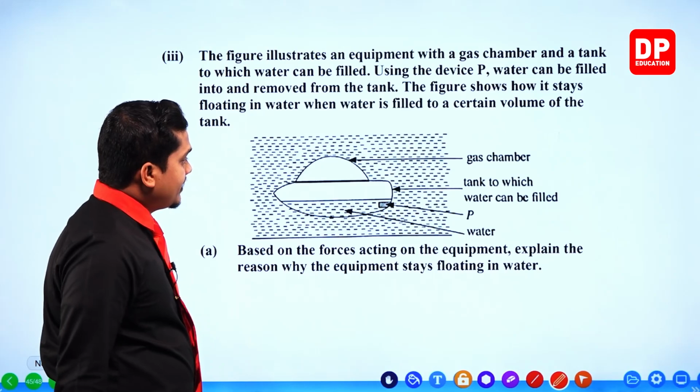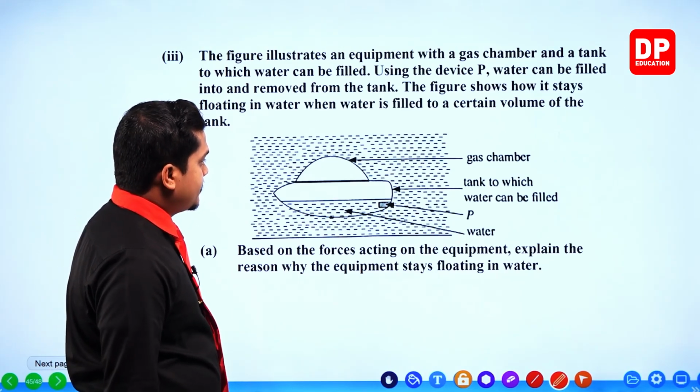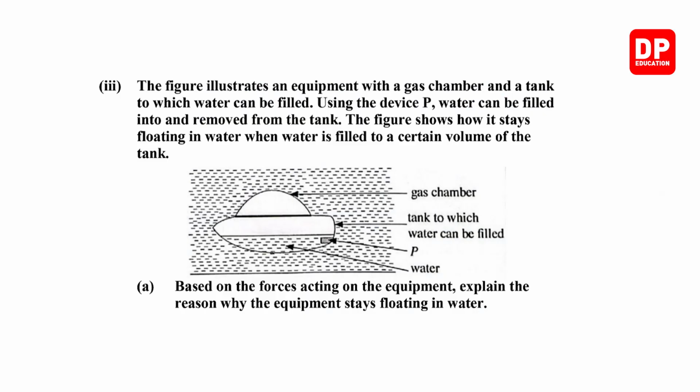A submarine-like kind of a thing is given here. Let's see, what are the questions? The figure illustrates an equipment with a gas chamber and a tank to which water can be filled. Using the device P, water can be filled into and removed from the tank. The figure shows how it stays floating in water when water is filled to a certain volume of the tank.